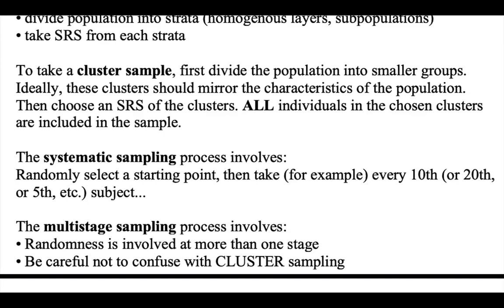Okay. Systematic. Systematic's probably the most simple. Randomly select the starting point, and then, for example, every 10th person or 20th person or 5th person gets your survey. If you guys were randomly seated, but you aren't randomly seated because most of you are in alphabetical order. But if I randomly sat you down and then I counted every 5th person, so you have numbers on your desk, right?